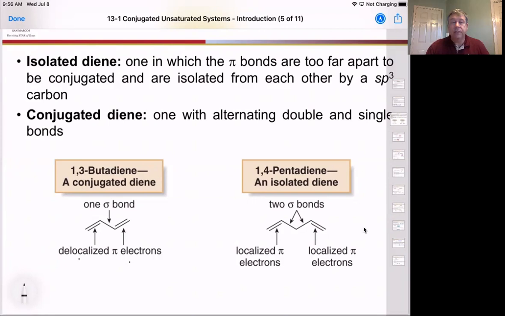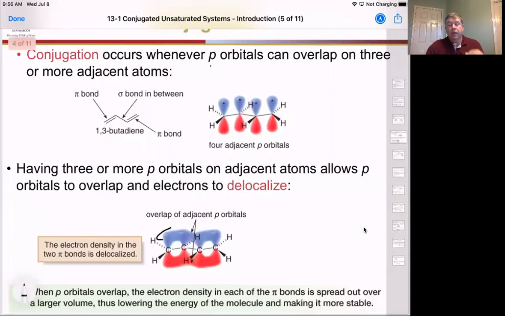Let's take a deeper look into that conjugation concept. In conjugation, we have to have overlap of p orbitals. A pi bond exists because our carbon is sp2 hybridized and we have a remaining unhybridized p orbital. In the case of a single double bond, we have a single electron in each of those p orbitals, and they share above and below the sigma bond to give us our first double bond.